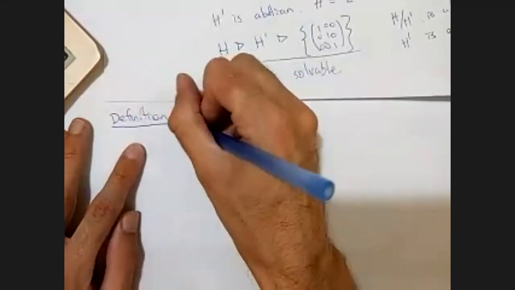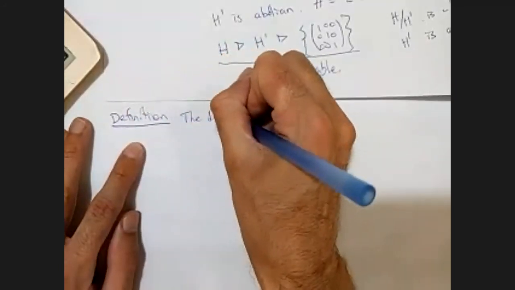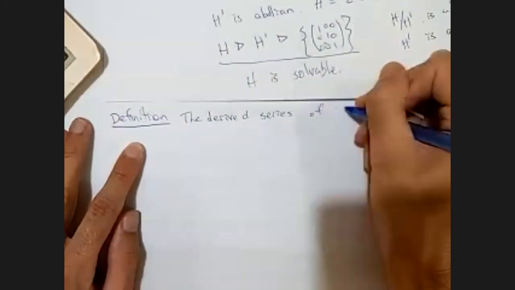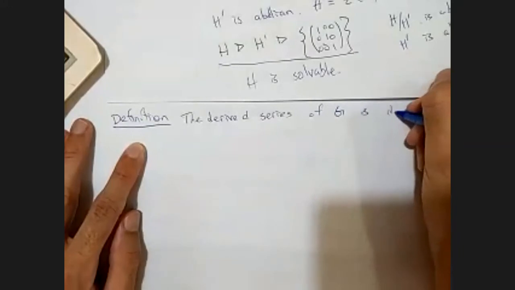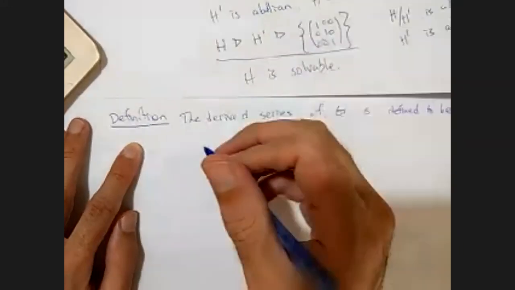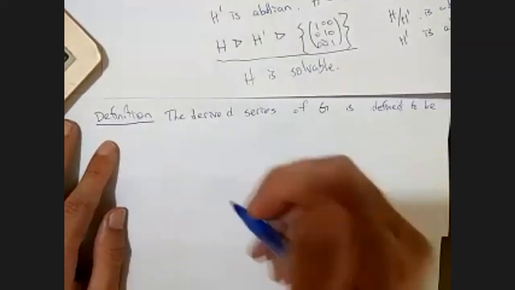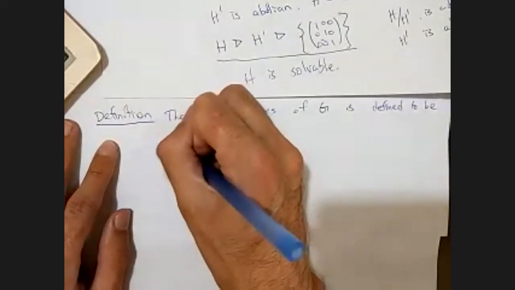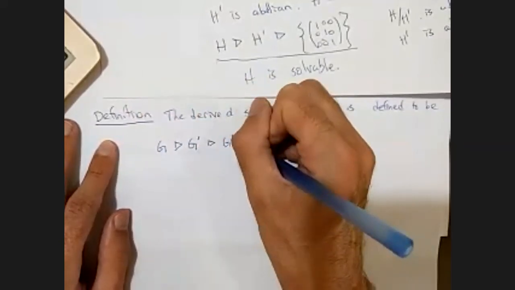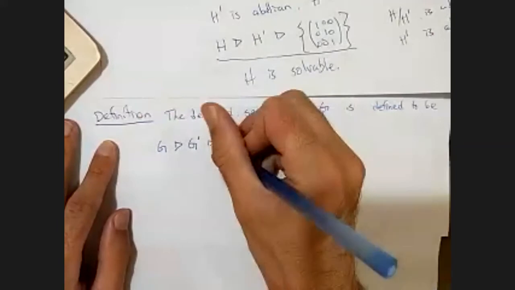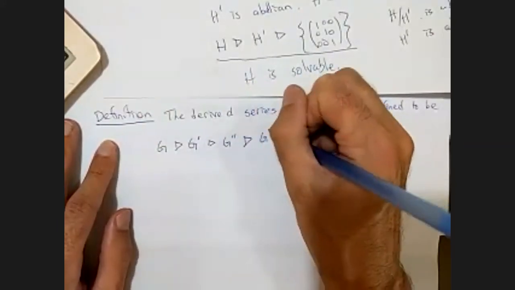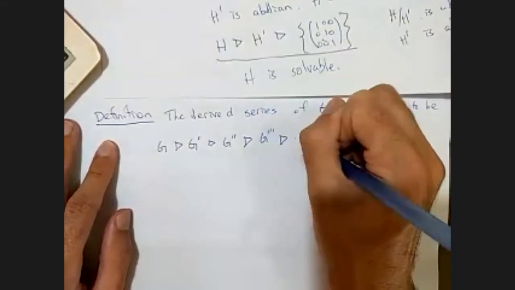The derived series of G is defined to be: start with G, then G prime, then G prime prime, in other words the commutator of the commutator, and G prime prime prime, and so on.